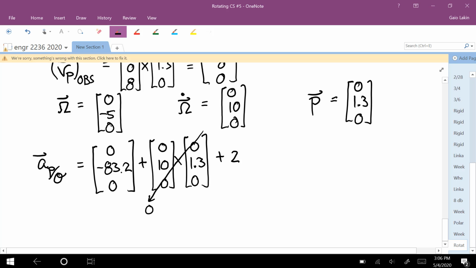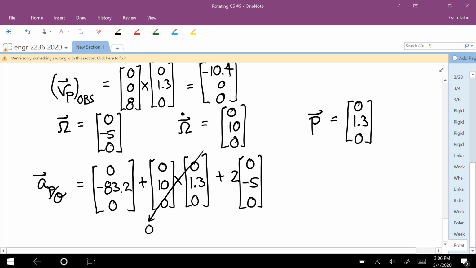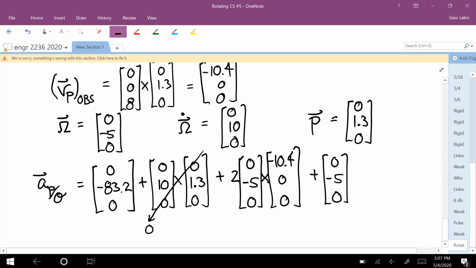Plus 2 times omega for the coordinate system crossed with the observed velocity of p, which we calculated as (-10.4, 0, 0), plus omega of the coordinate system crossed with the quantity omega of the coordinate system crossed with the p vector.